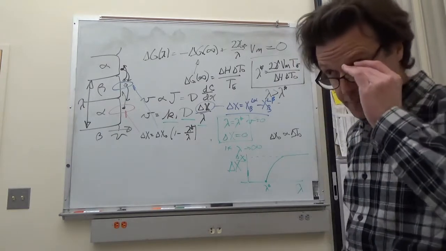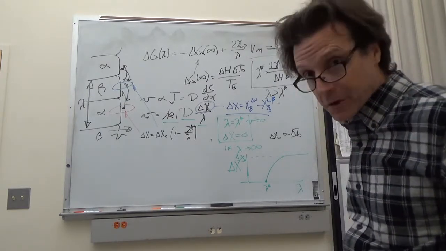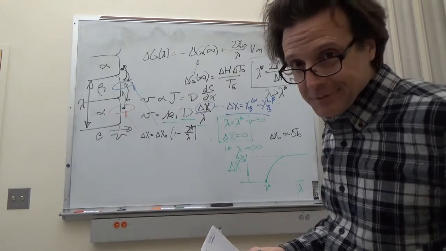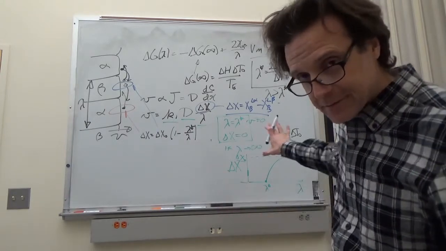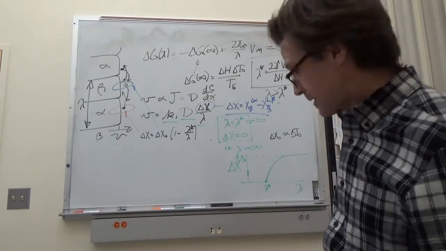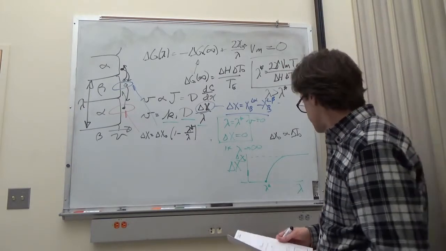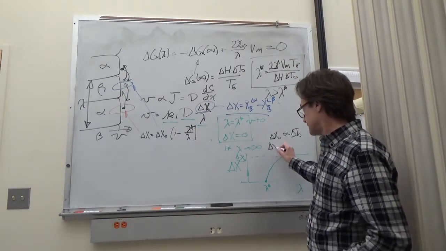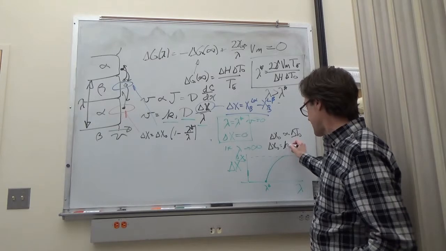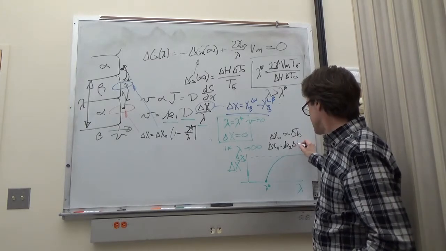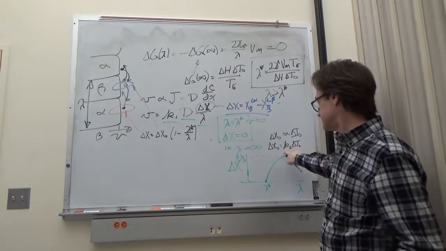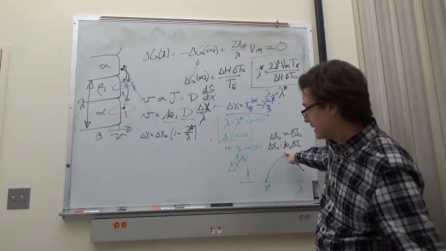And it's probably linearly proportional. Worst case, it'll be slightly nonlinear, but the linearity is going to dominate. And that means that we can write delta x naught is equal to some k2 delta T naught. So k2 is just a constant of proportionality.